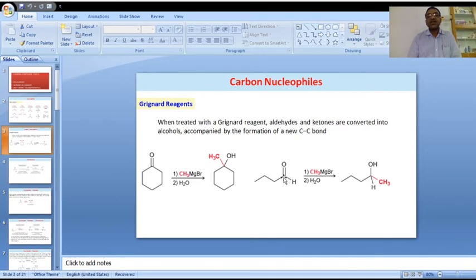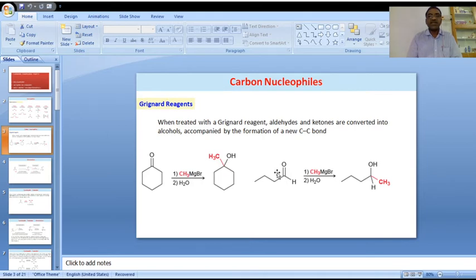This terminal carbon has the aldehydic functional group, C double bond O and H. Here the terminal carbon is the carbonyl carbon. From the Grignard reagent, methyl produces a CH3 minus nucleophile, which generally attacks the carbonyl carbon.